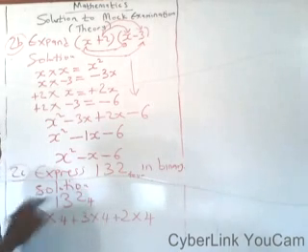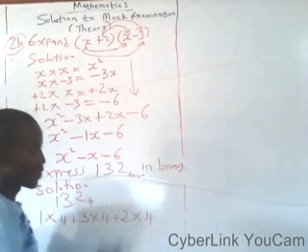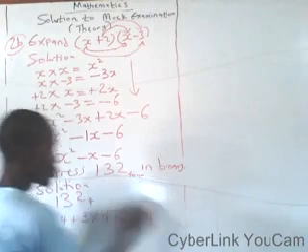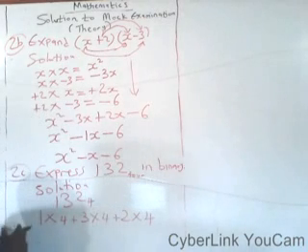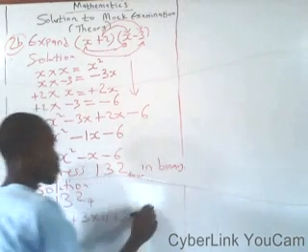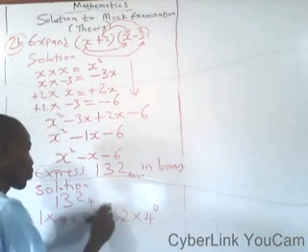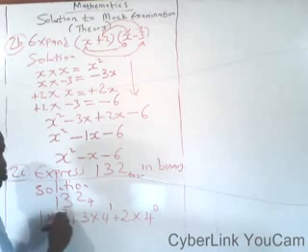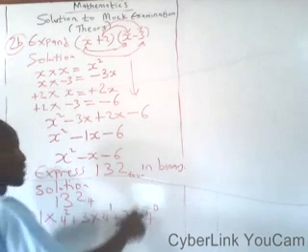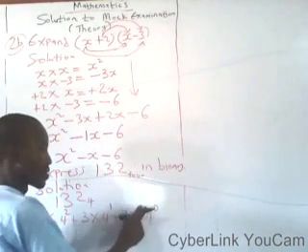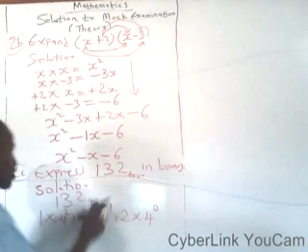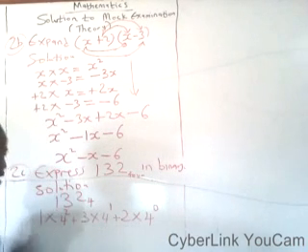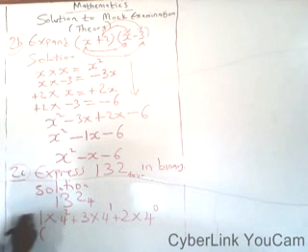You will now number the power from your right hand side to the left hand side. You start the numbering from 0, 1, 2. You number the power of the base from 0, 1, 2. Now open the brackets.